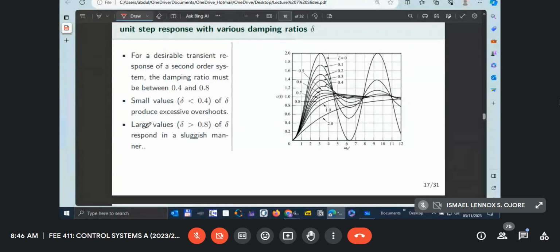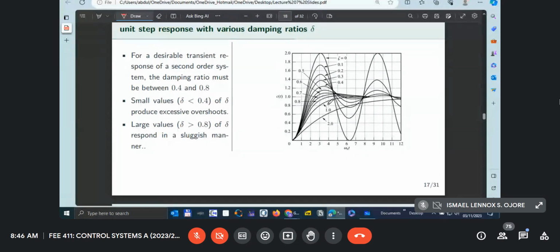And for large values of delta, you can see they are more sluggish. So the best way is to have the system between 0.4 and 0.8. And mostly you'll see that we say delta is equal to 0.7.